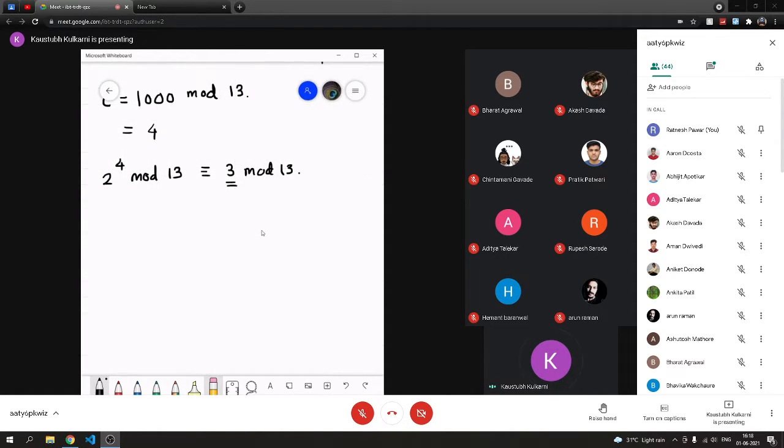So the next thing is, this was about Fermat's theorem. After that, we studied about the totient function. What do you mean by totient function? This is called Euler's totient function, also called phi function because the symbol is phi. And what is the value of phi of n?